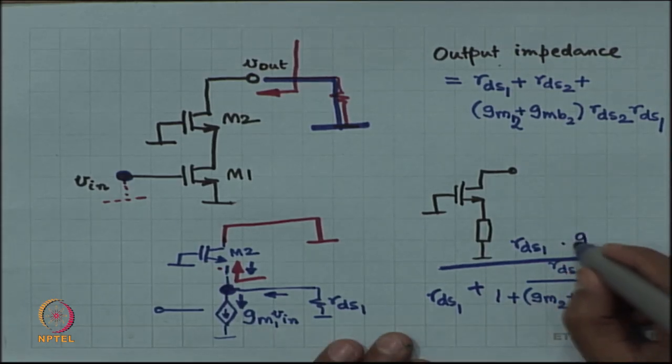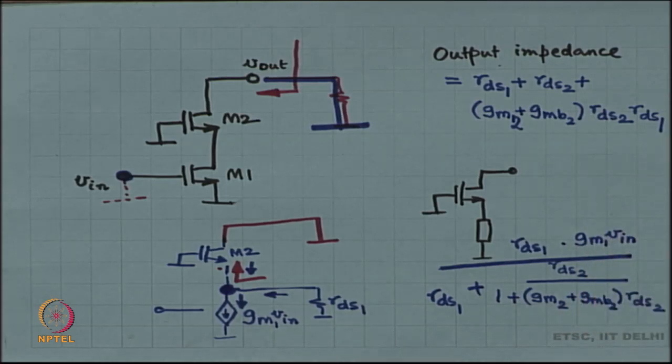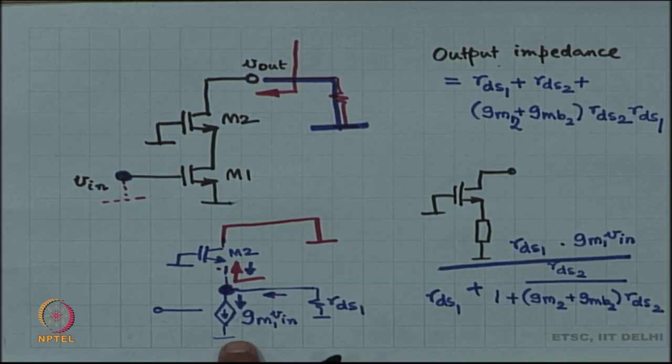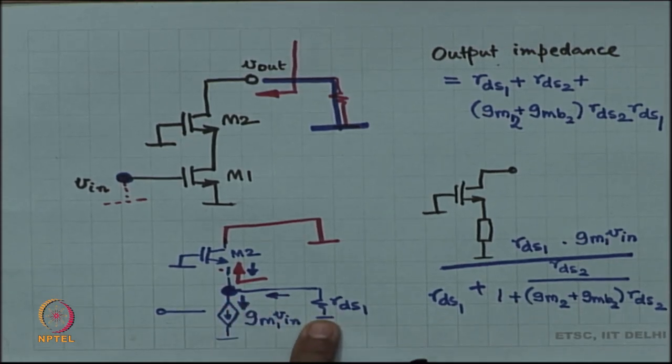is nothing but GM1 times V in. You see how I constructed the expression? I started with GM1 V in and then there is going to be a current split, right, current division. Current is going to divide proportional to RDS1, right.